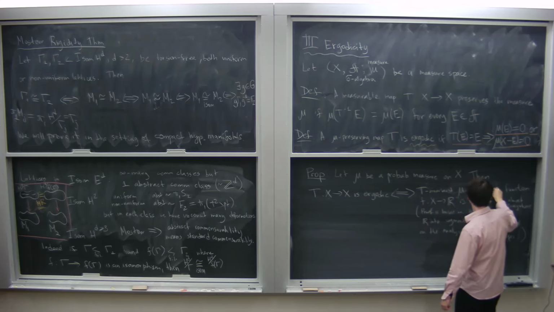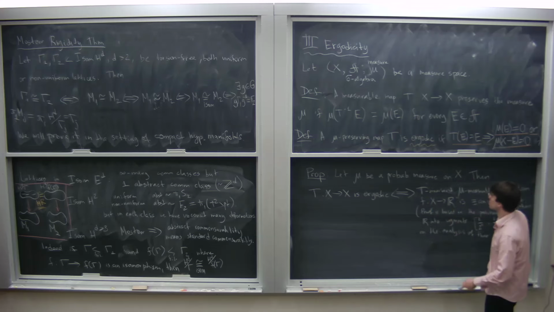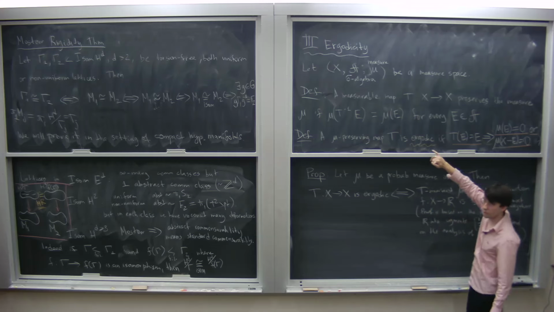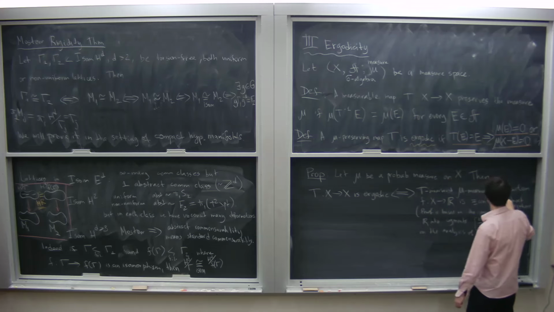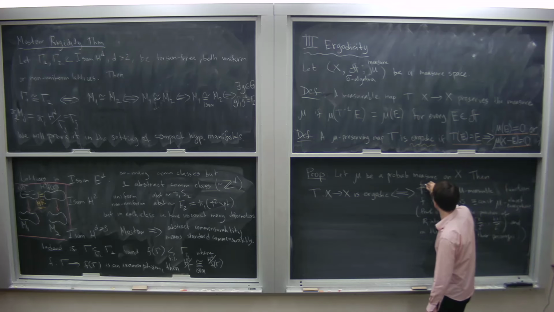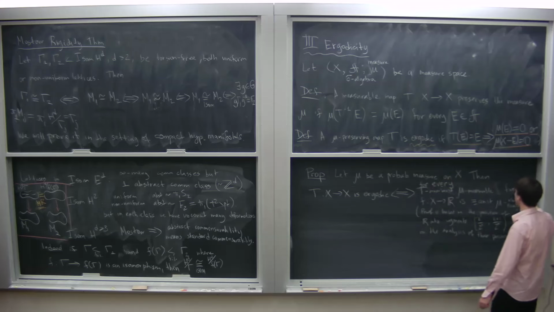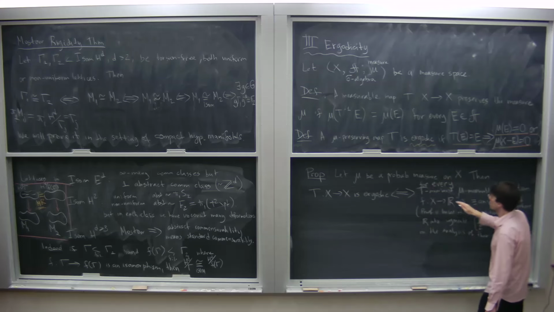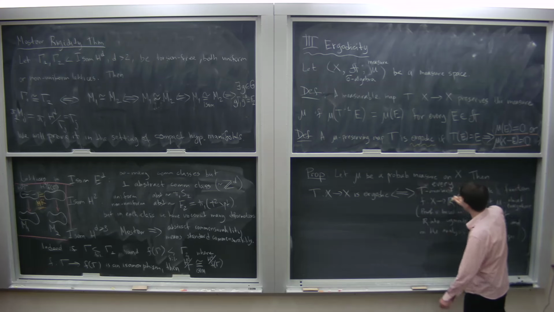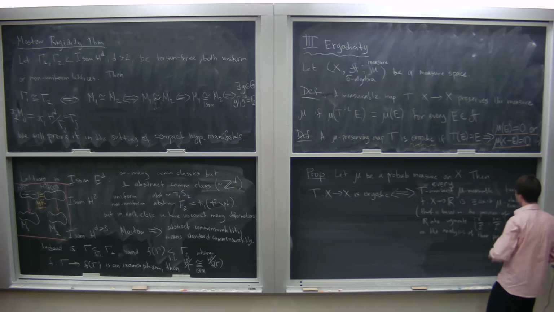Mu measurable means that the preimage of this is something sitting in my sigma algebra. So every T invariant measurable function is constant almost everywhere.